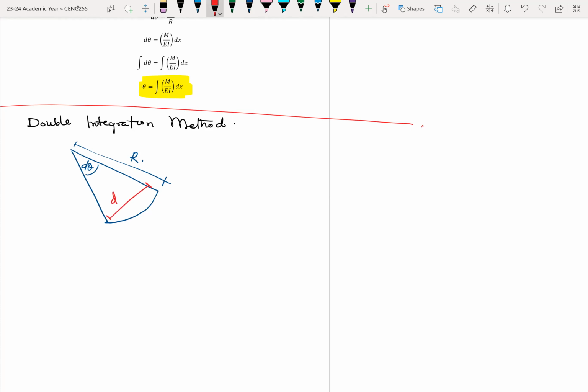Let me call this ds, the horizontal distance dx and the vertical distance dy. Let me put a small angle over here, and just make this one theta. It doesn't really change much.